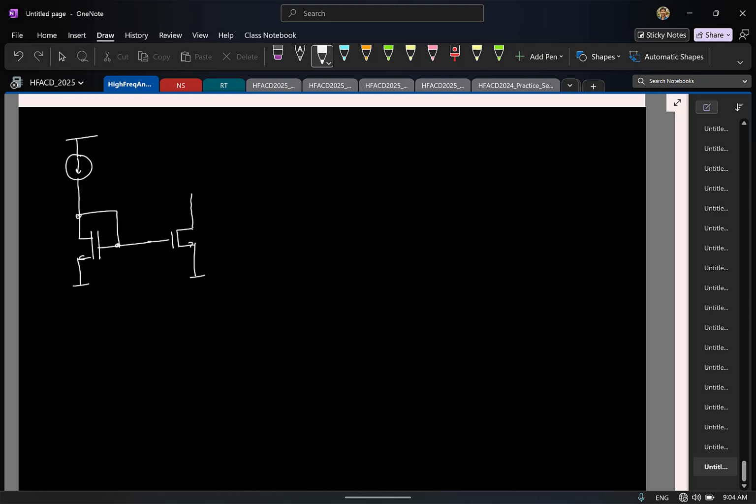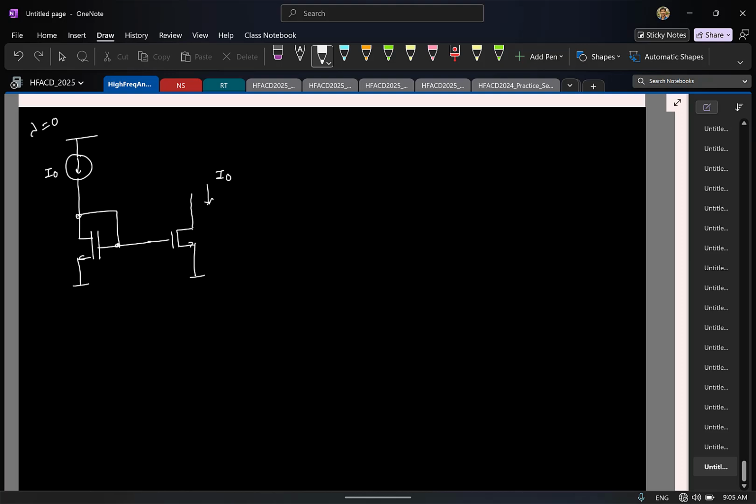Now if this current is I0, what can you say about the current in this branch? I0? Remember, technically speaking, the current also depends on the VDS of the two transistors. Let's ignore that so that we don't have to deal with it now. So I'll ignore lambda. So the current is ideally equal to I0 here also.